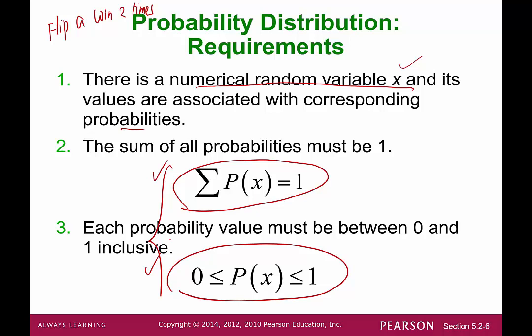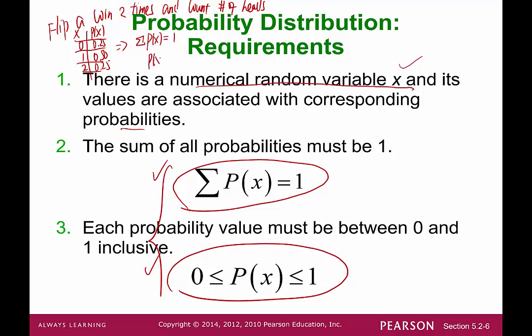And for the flip a coin case, you can list a table like here. We can create a table of x and p of x. Here x is the number of heads. We get 0 heads, 1 head, and 2 heads. For 0 heads it is 0.25. For 1 head it is 0.50, and for 2 heads it is 0.25. We calculated this from an earlier slide, and as you can see, if you sum up all these probabilities, the total is equal to 1.